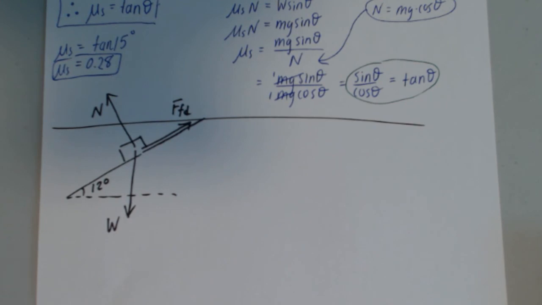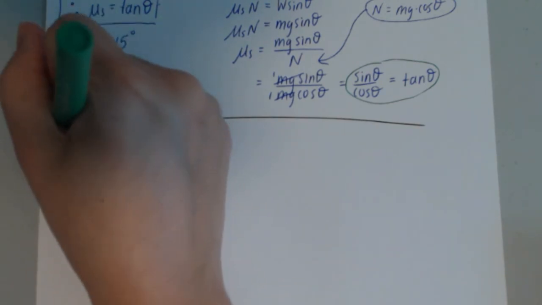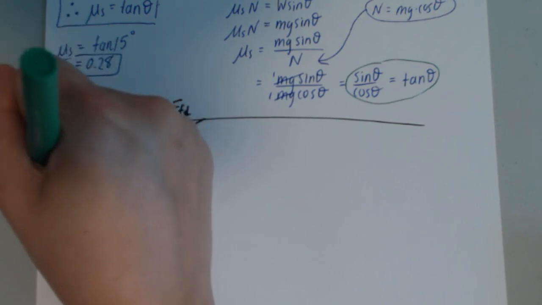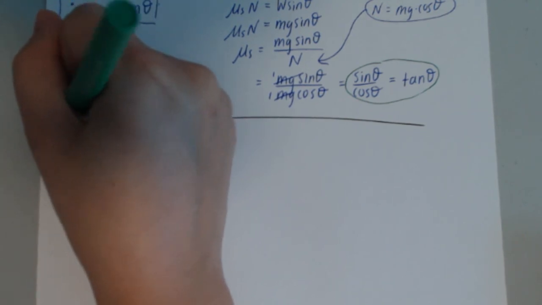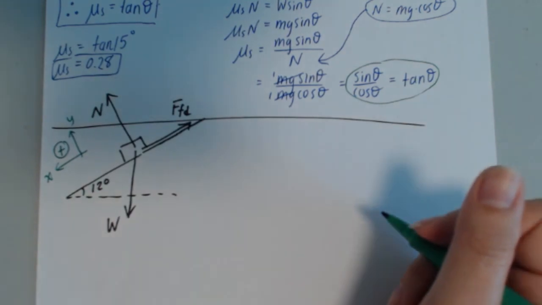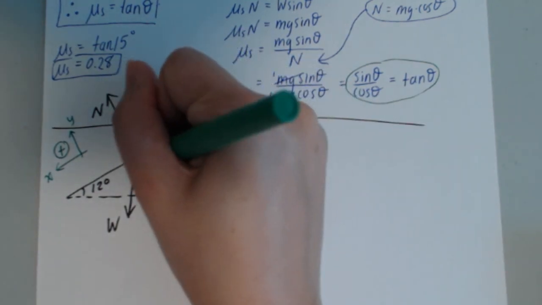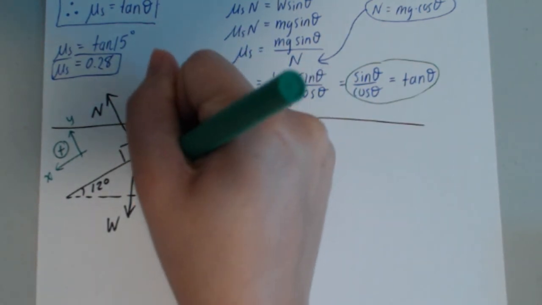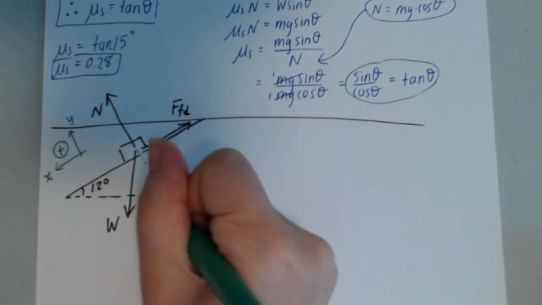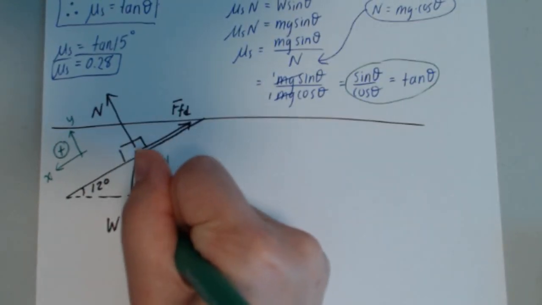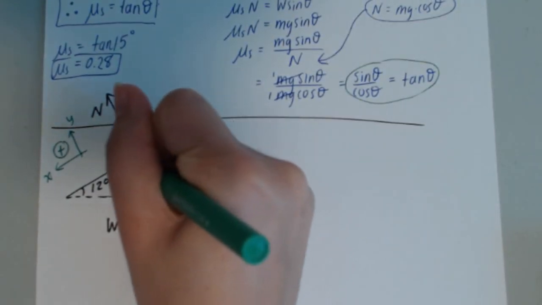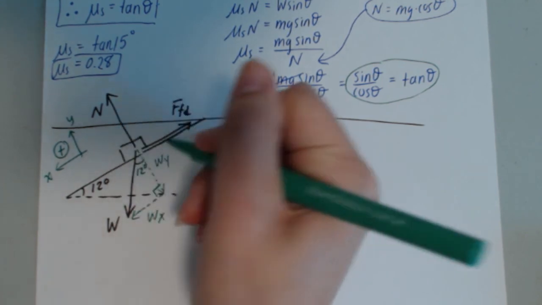Just like before, we are going to set up our coordinate system. So positive x is going down the ramp, positive y is up and perpendicular from the ramp. And we break up w into its y and x components. So wy is going down and wx is going down the ramp. That's 90 degrees, and this angle in here is 12.